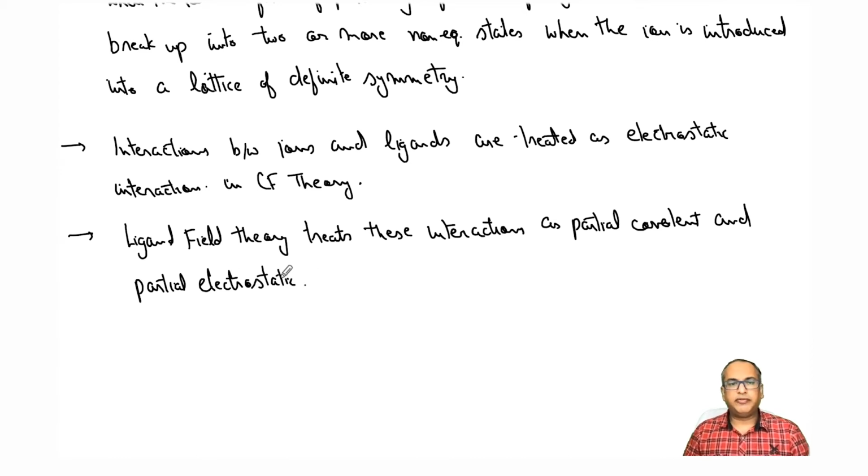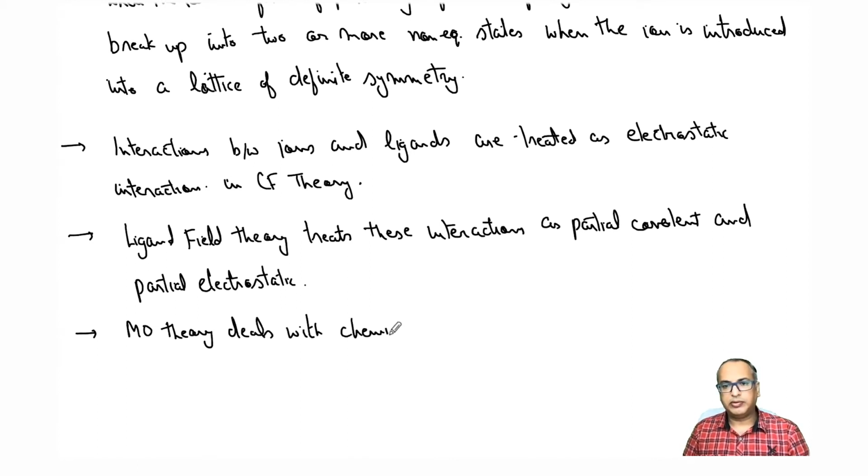And of course, if it is purely covalent, then we have already seen that MO theory explains the bonding. So we'll just write it for completeness that MO theory deals with bonding if covalent character is high. Okay.